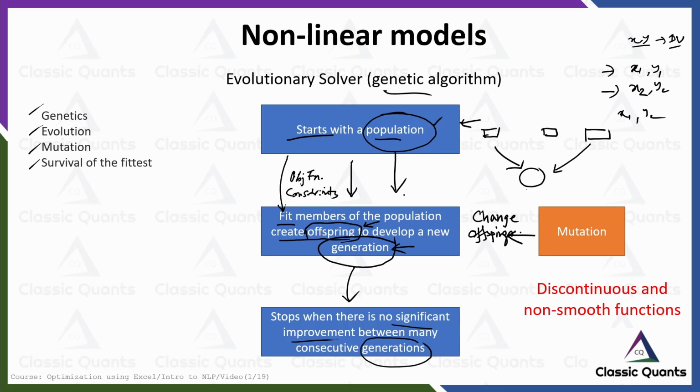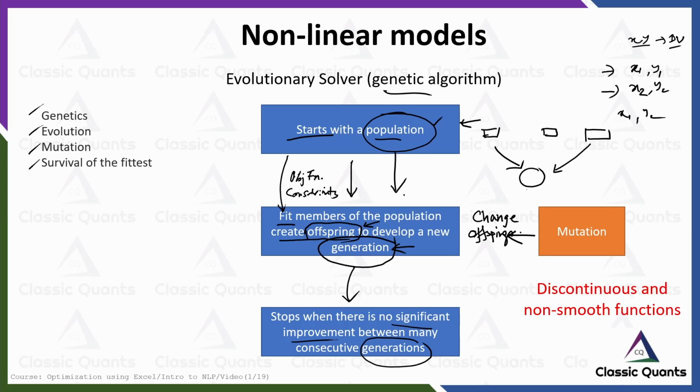So that is a mutation, and it ensures that not only local optimal solutions are found; there is a high probability that we get the global optimal solution from the procedure.